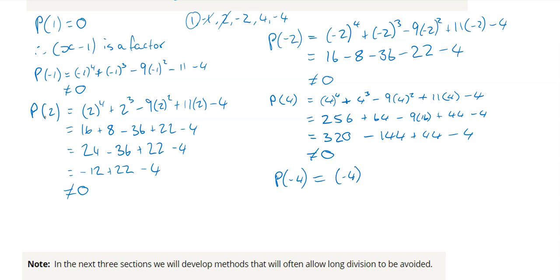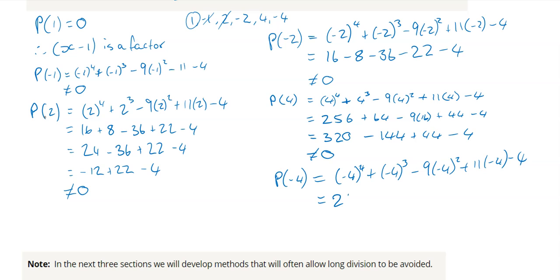So -4 to the 4, which is obviously going to still be positive 256, plus -4 cubed, minus 9, negative 4 squared, plus 11, negative 4, minus 4. Okay, cool.